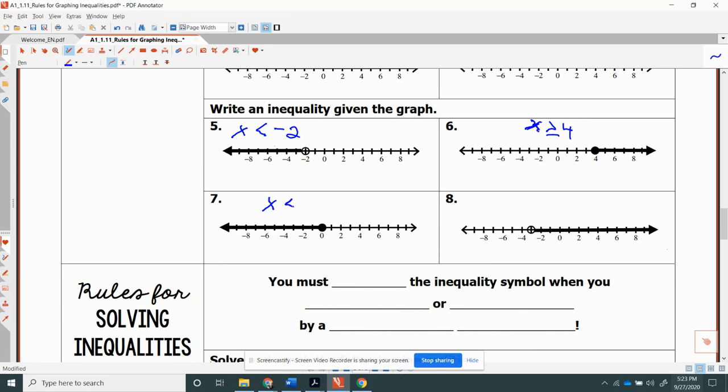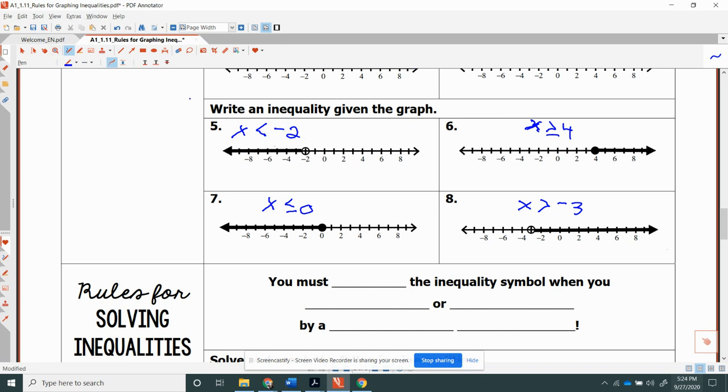X is less than or equal to 0. And number 8, we have an open dot on negative 3, and the graph extends to the right, so that would be x is greater than negative 3.